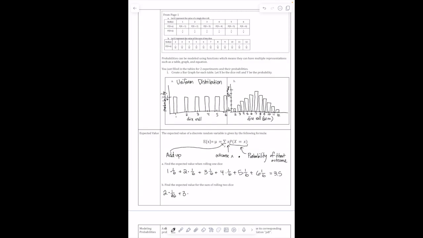So 3 times 2 over 36 plus 4 times 3 over 36. And then we just keep going for each of these, multiplying the outcome and then the probability. Outcome, probability, outcome, probability. So we've got to finish this one out.